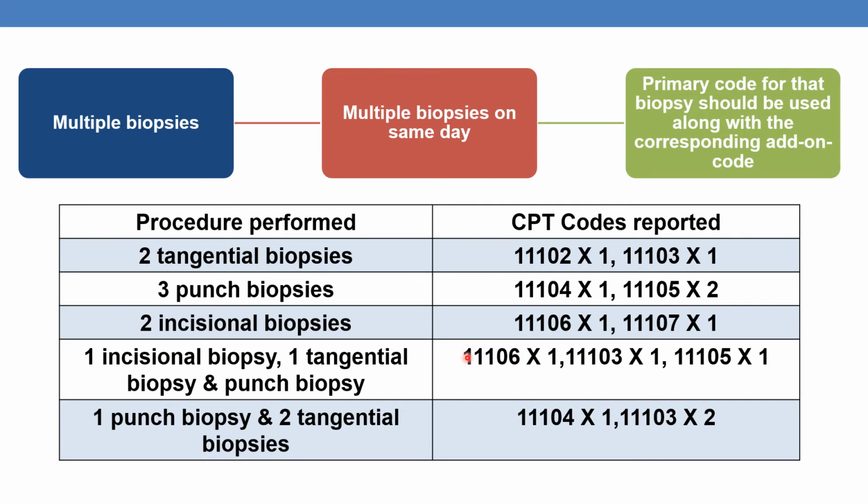This is the primary code. Though different types of biopsies are performed, that is, the second biopsy is tangential biopsy and the next biopsy is punch biopsy, even in those cases you need to report the subsequent add-on codes for those biopsies, not the primary codes.